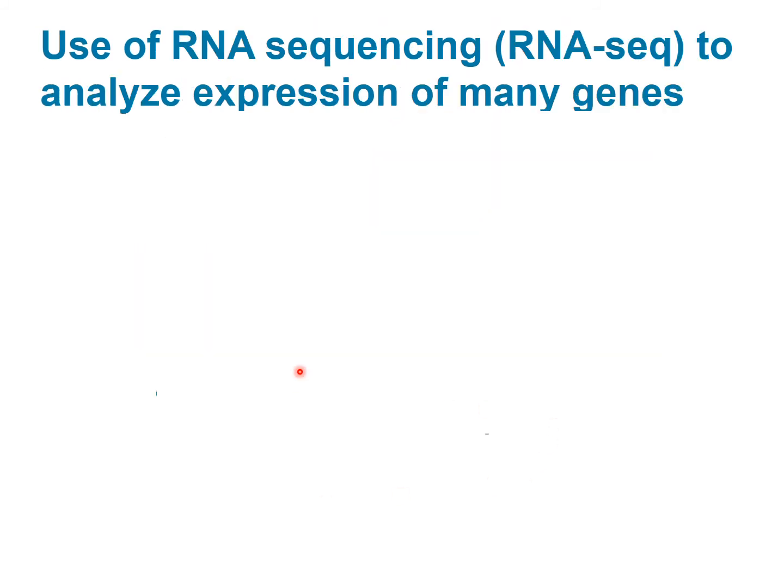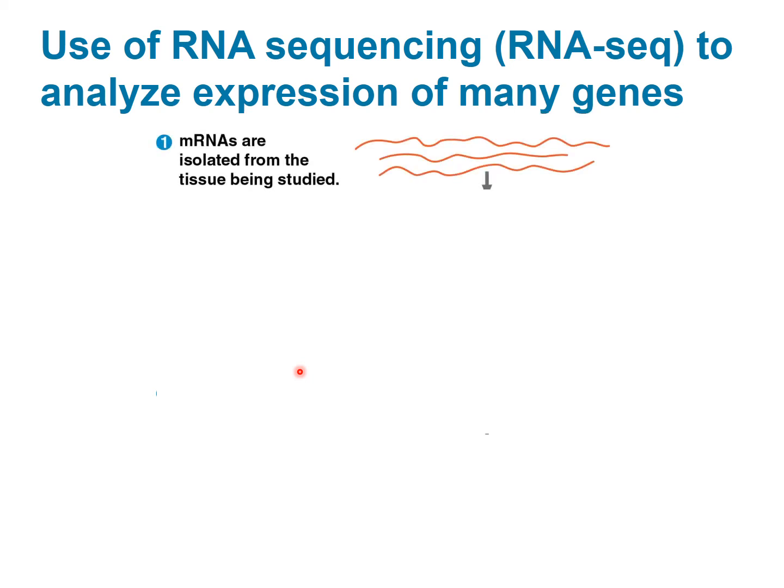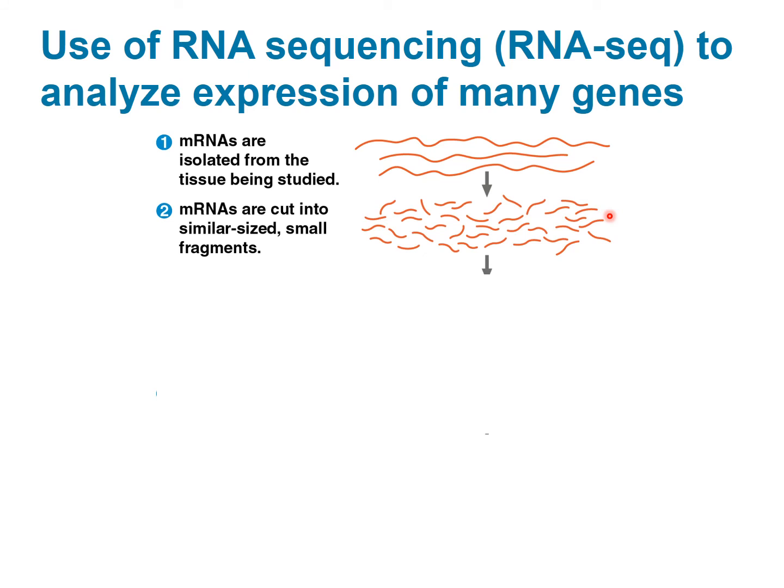So we can use messenger RNA sequencing, or RNA-seq, to analyze the expression of many genes as well. Microarray is a bit messy and laborious and very expensive, so we could also perform this method. We have messenger RNAs that are isolated from the tissue being studied. Once we have the messenger RNAs, they are going to be cut into smaller fragments.